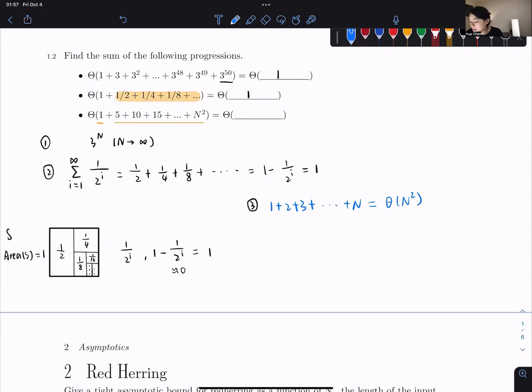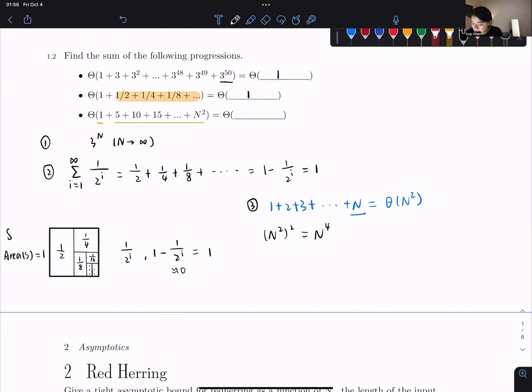The point is the last term: we always take the square of the last term as our order of growth. In this expression, we have n squared as our last term, so we take the square of n squared, which is n to the power of 4.